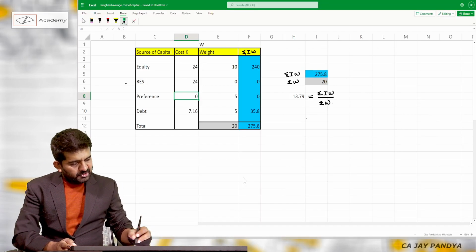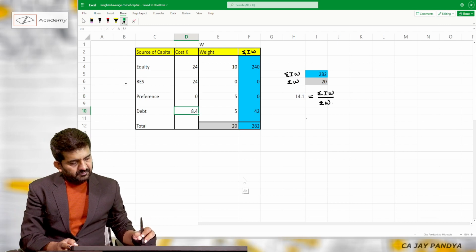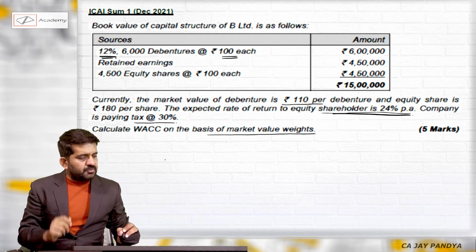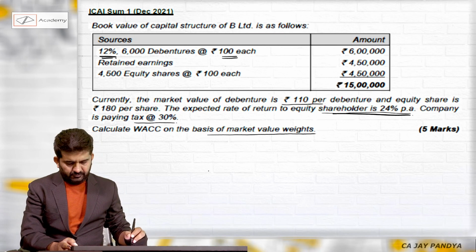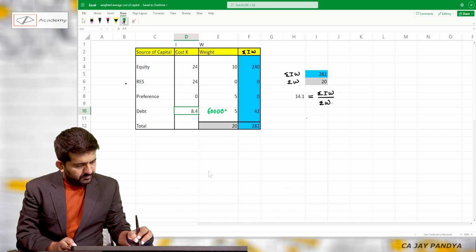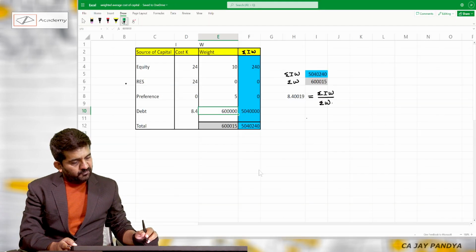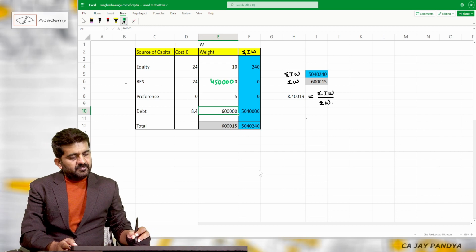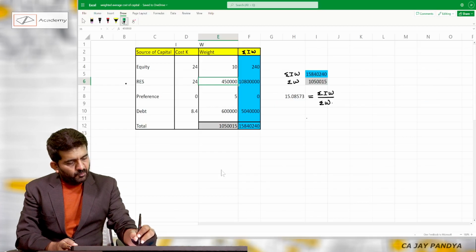And debt cost is 8.4%. Weight I will be directly taking it from balance sheet, which is my book value. Debt is 6 lakhs. Retained earning or reserves is 4 lakh 50,000. And equity is also 4 lakh 50,000.